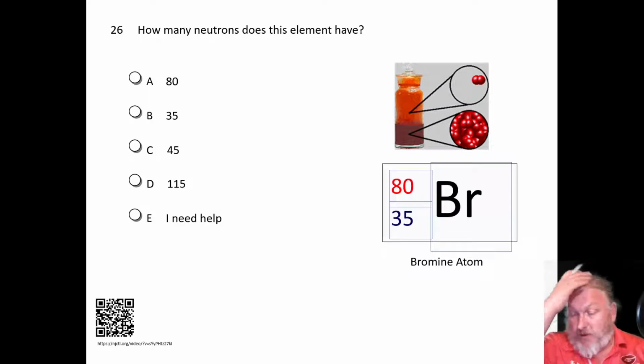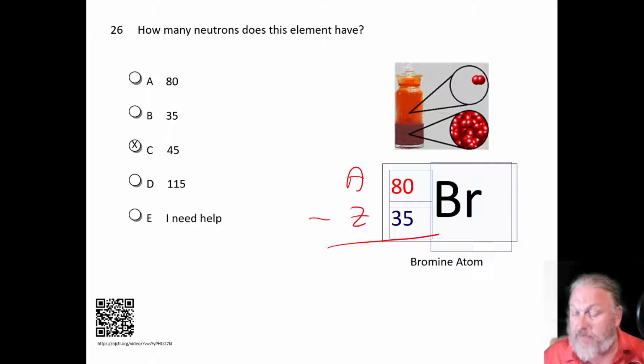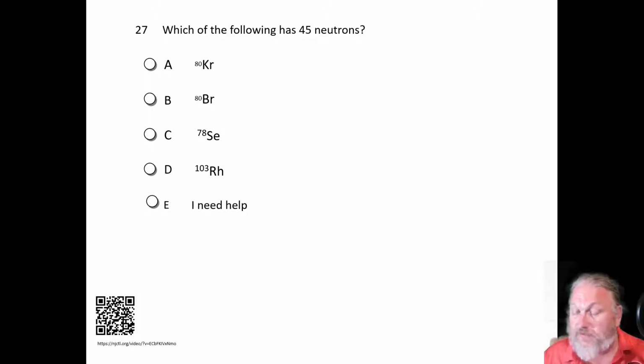How many neutrons does this element have? Again, some more math. Pause. And of course you said 45 because the A number minus the Z number is going to give me 45 neutrons. Which of the following has 45 neutrons?